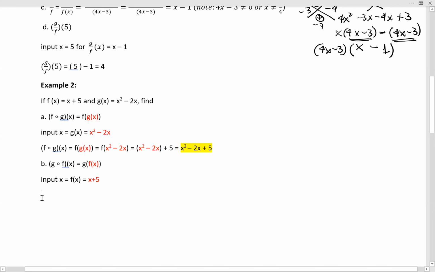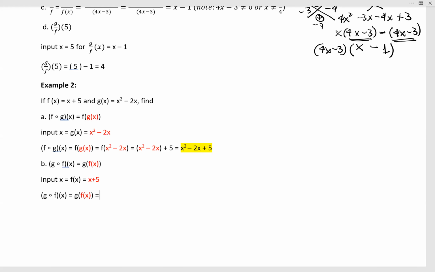Now I'm going to find this guy, which is equal to g of the input, now x plus 5, right? So what is that equal to?